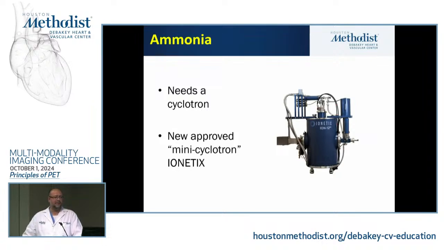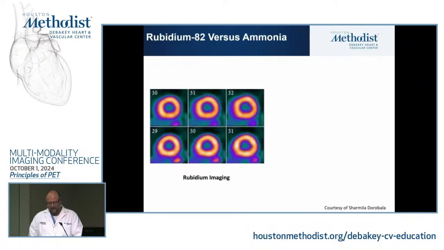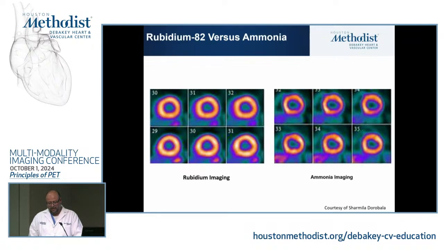There are a few sites in the country that are using it, and they have good results, and some of them are actually high volume sites. The only thing about ammonia is that from an image interpretation standpoint, there are some normal nuances where you see an inferolateral defect, as you see here, some mild inferolateral defect on the top row.